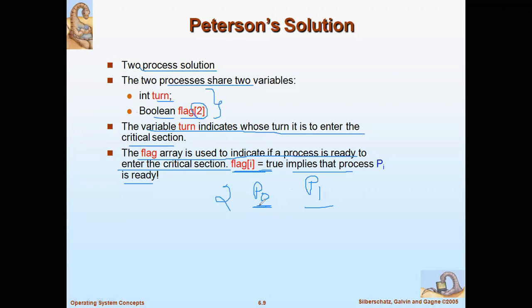Because if I set my flag to true, indicating that I am interested to enter my critical section, I will also ask the other process if it is interested to enter its critical section. So they ask each other, I wish to enter, but do you also wish to enter? That is the significance of this turn. Let me tell you in the coming slide.